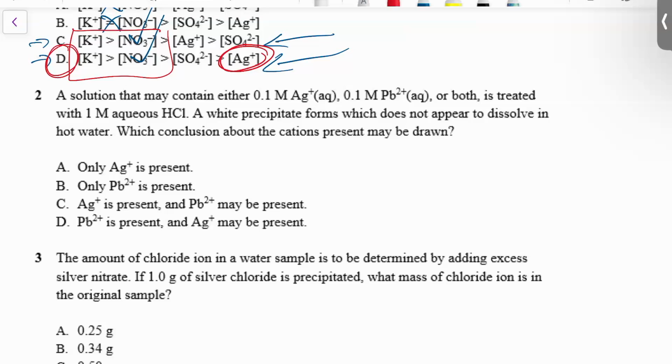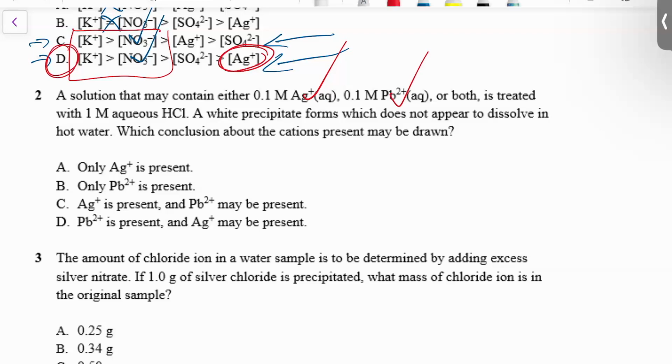Are we concerned with it precipitating with the H+ or the Cl-? Cl-. Okay, so let's keep on going from there. Does Ag+ precipitate with Cl-? Yes, so it's possible that Ag+ is there. Does Pb2+ precipitate with Cl-? Yes.